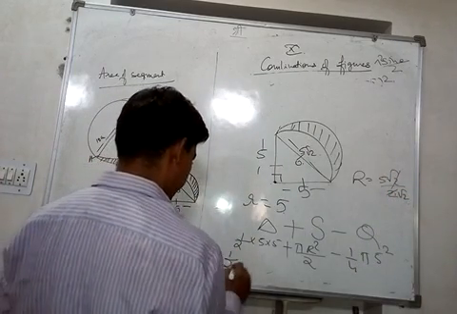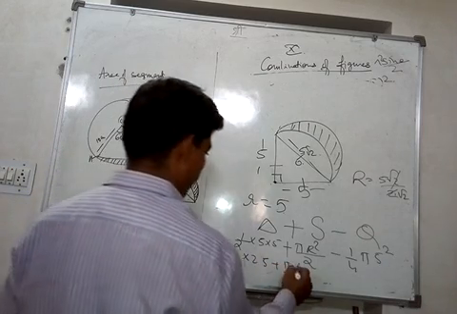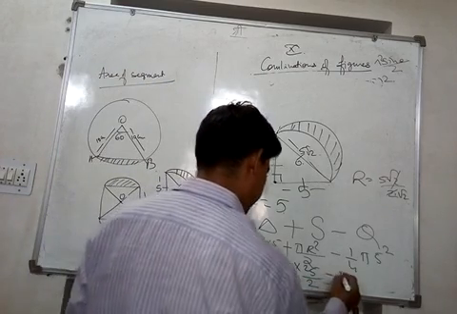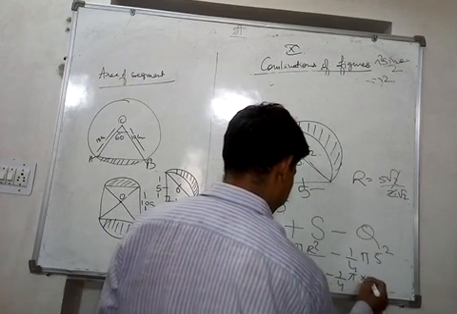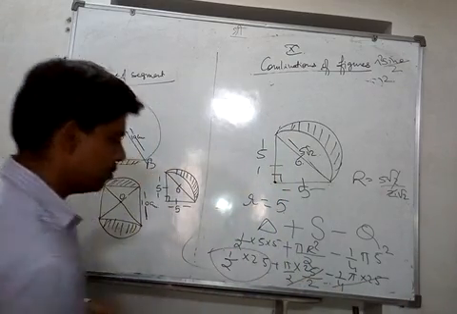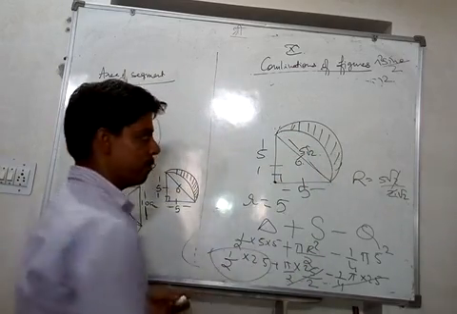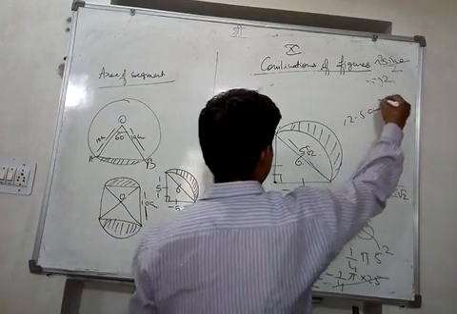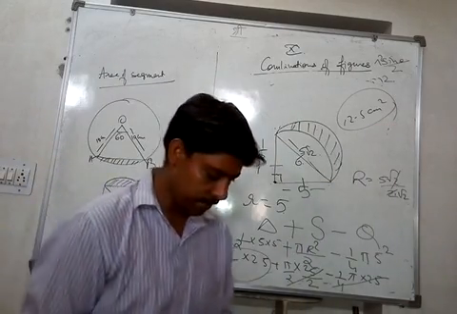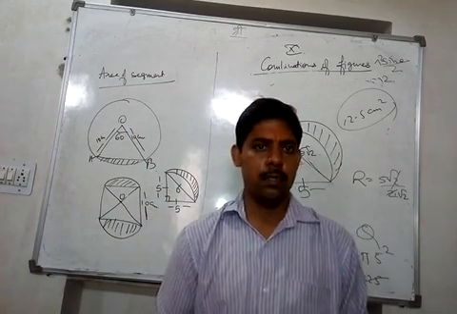So let's solve this: 25 by 2 plus pi upon 2 into 25 upon 2, minus 1 by 4 into pi into 25. You will see that these exactly cancel. So the answer is 25 by 2, so this shaded region is equal to the area of the triangle. This also we have proved, and this is 12.5 centimeter square. This is a very good question. Keep solving this question, and see you in the next class.